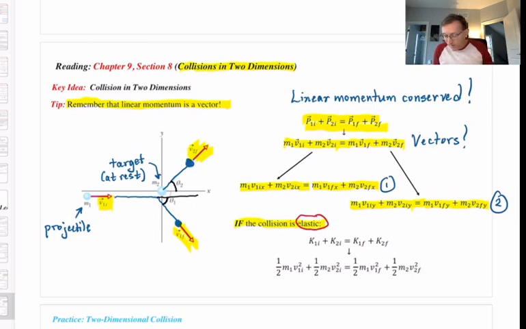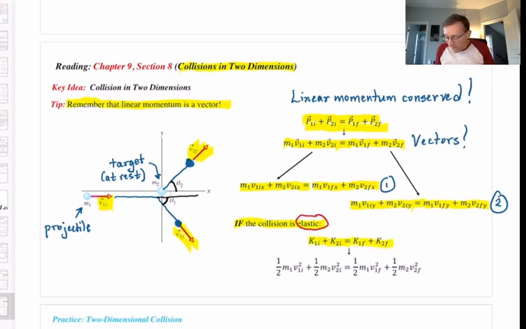If we know the collision is elastic, then we can add another equation constraining the motion. Namely, the total kinetic energy before the collision must equal the total kinetic energy after. K1 initial plus K2 initial must equal K1 final plus K2 final.